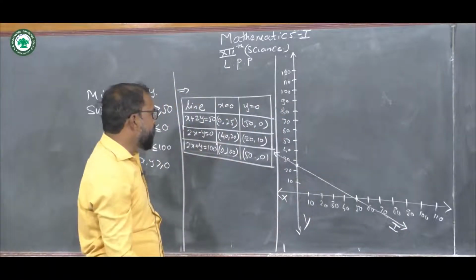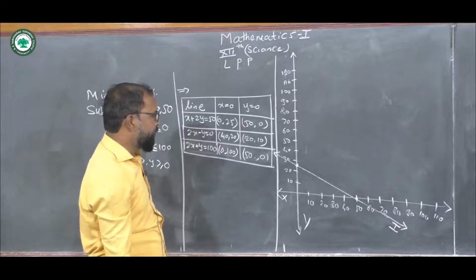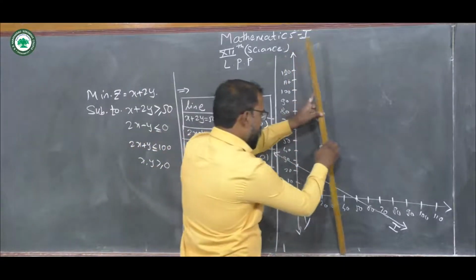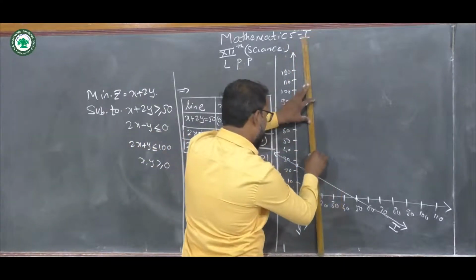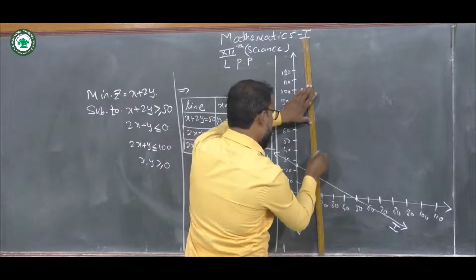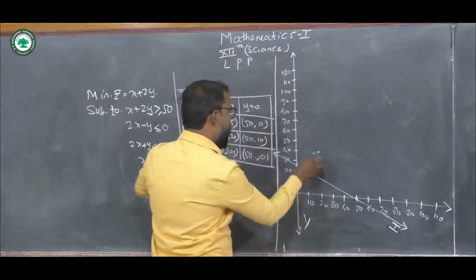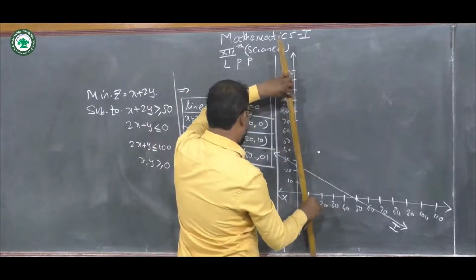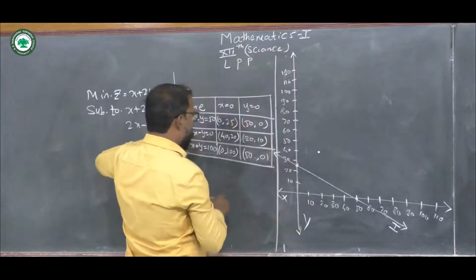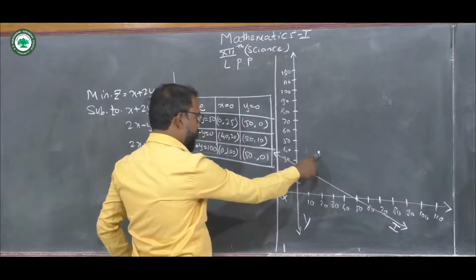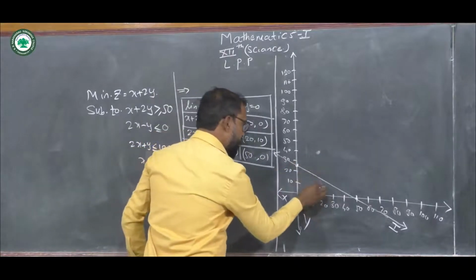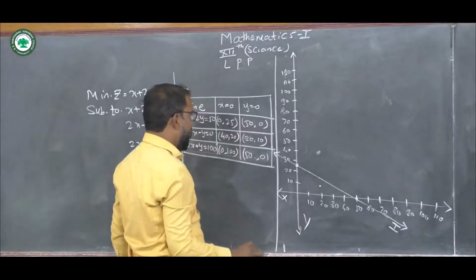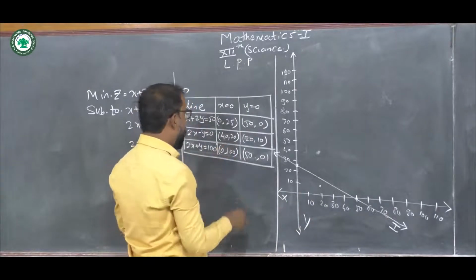Now for the second line, the first point is (20, 10), and the next point is (40, 20).